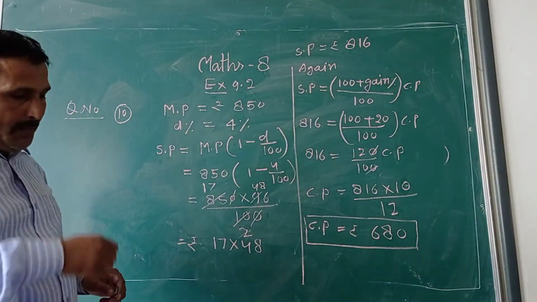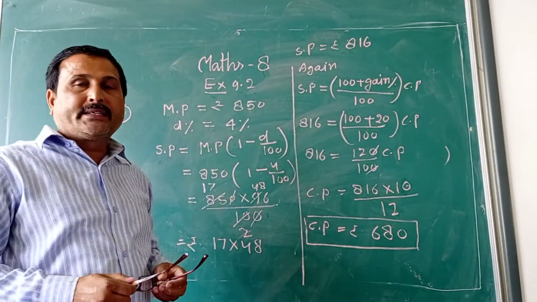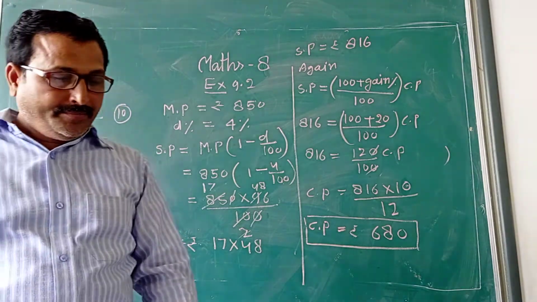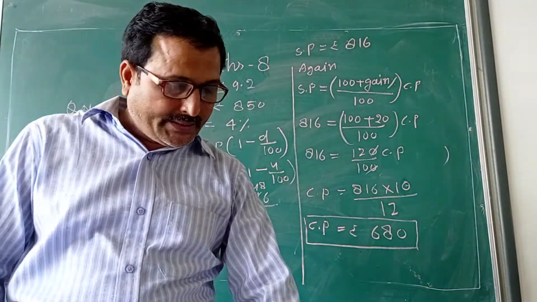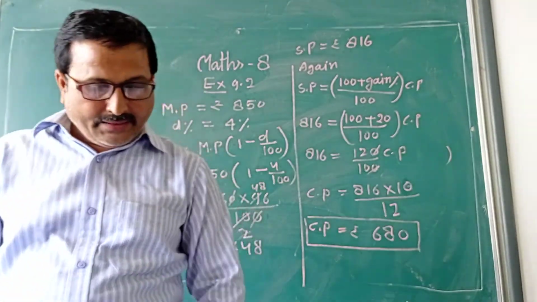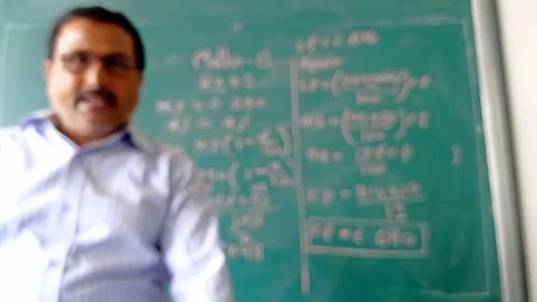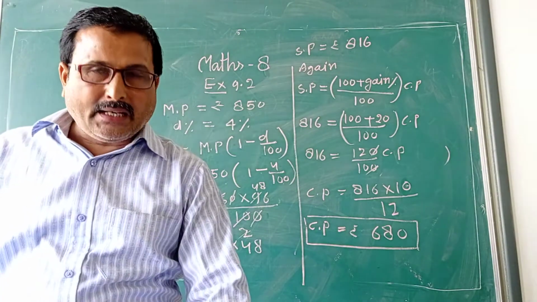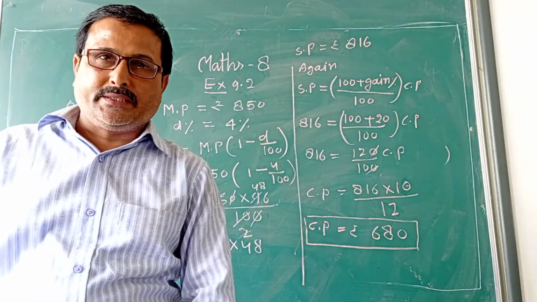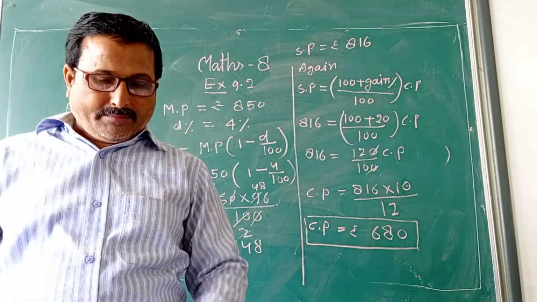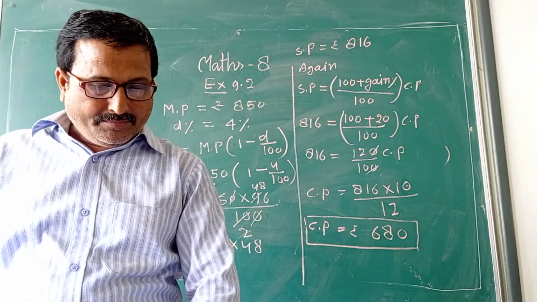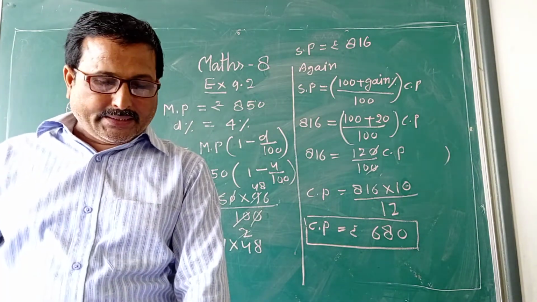Next question, the 11th question. Remember that 9 and 10 are the same type of question, and 11 and 12 are both the same type of question. Only the terms change, meaning the numerical values change.